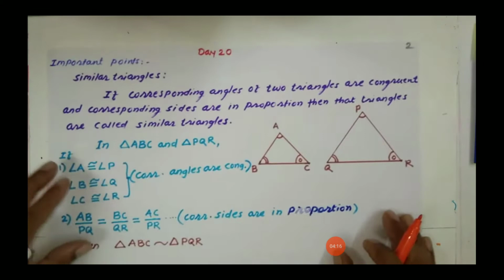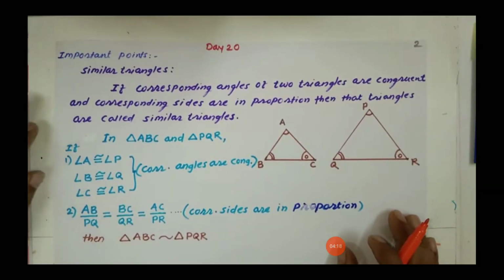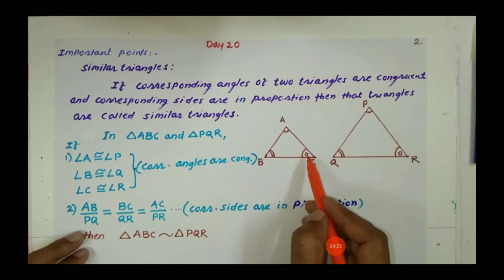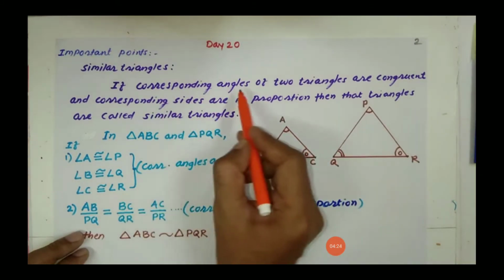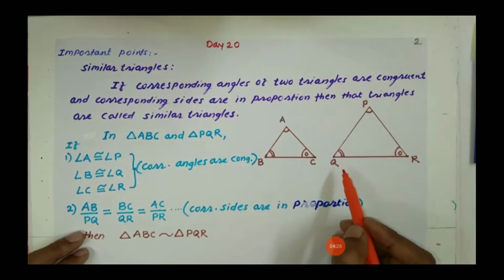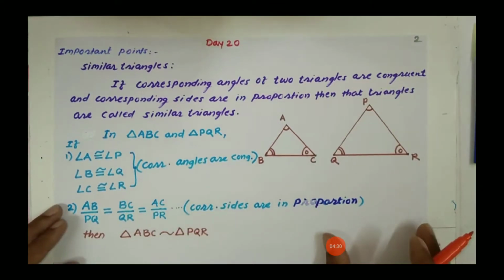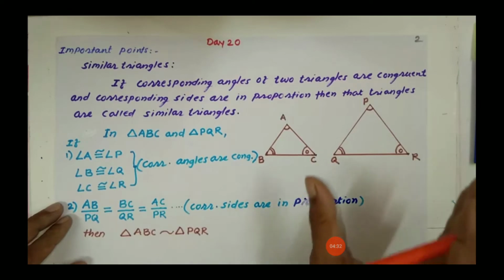See, what is that? We have to learn or look at the definition of similar triangles. See, if the corresponding angles of two triangles are congruent and the corresponding sides are in proportion, then those triangles are called similar triangles. It is simple.